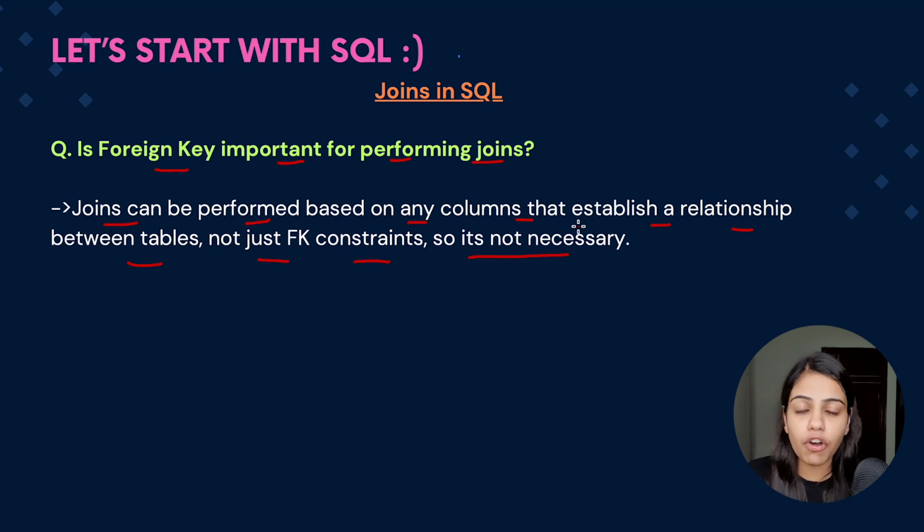Even if there is no foreign key but there is a column which is present in another table as well, we can perform the join operation. So foreign key is not a must have. If two tables are having a foreign key relationship, we can perform join on them. If there is no foreign key present in any of the tables, still we can perform join operation on them because we only need a shared or common column between two tables.